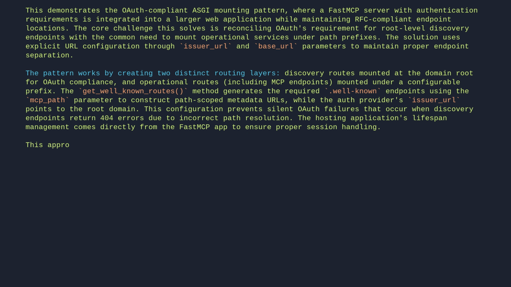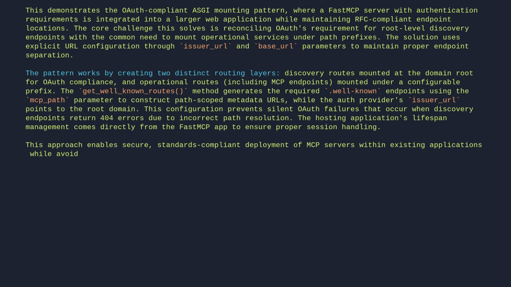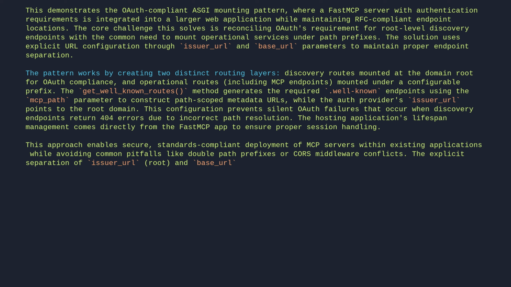This approach enables secure, standards-compliant deployment of MCP servers within existing applications while avoiding common pitfalls like double path prefixes or CORS middleware conflicts. The explicit separation of issuer URL, root, and base URL, prefixed, addresses the core tension between OAuth's discovery requirements and practical application routing needs.